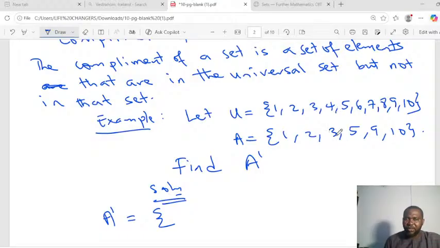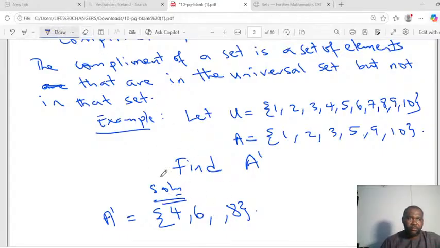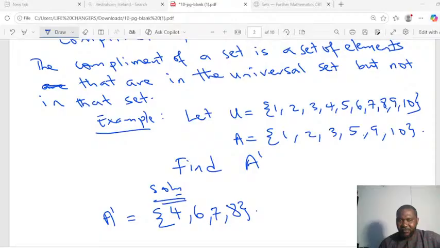I will write 4 because I don't have 4 in A. I won't write 5. 6 is not in A, so I'll write 6. 7 is not in A, I'll write 7. 8 is not in A, I'll write 8. So this is A complement. You see, these are the elements that are not in A.